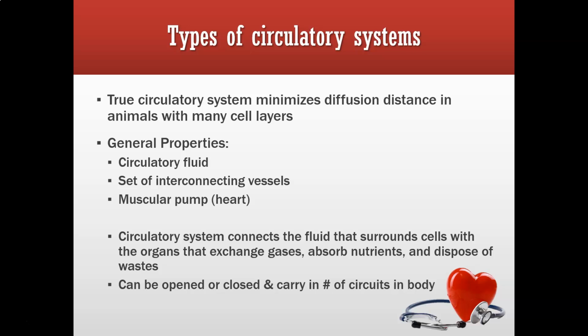Now, what we think of as our heart, if you know anything about the heart's anatomy, we're going to see there are some differences, some different plans that exist in organisms. But generally, the term heart is appropriate here. So that circulatory system connects those fluids that surround your cells with the organs that are responsible for the gas exchange, the absorption of the nutrients, and then ultimately the disposal of waste.